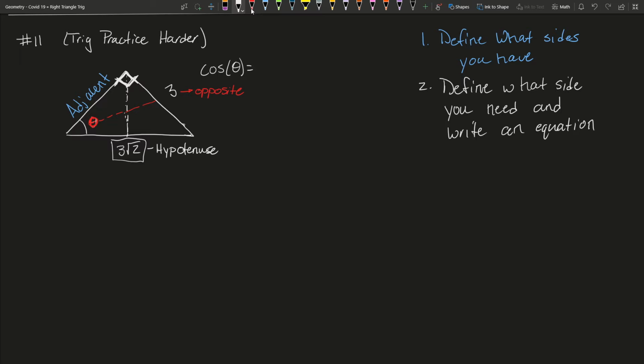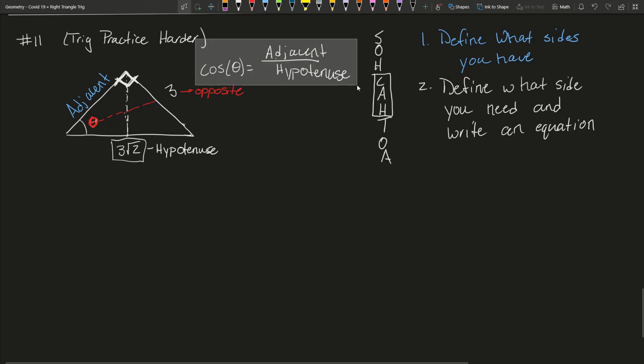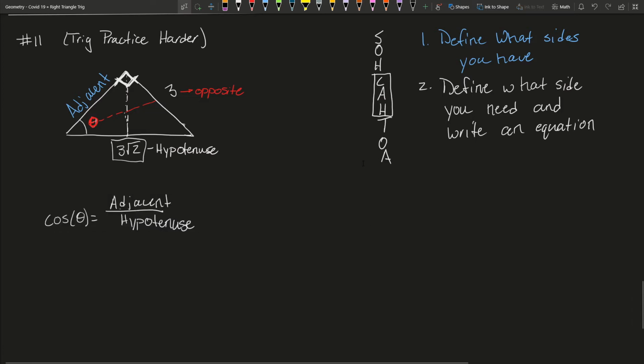Cosine, going back to the first day we started this, is the adjacent over the hypotenuse. And we have the hypotenuse and the opposite, but not the adjacent.